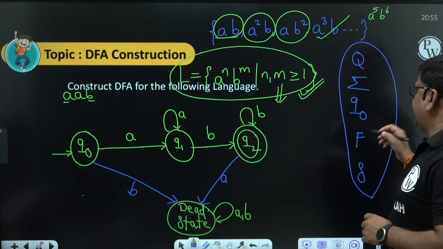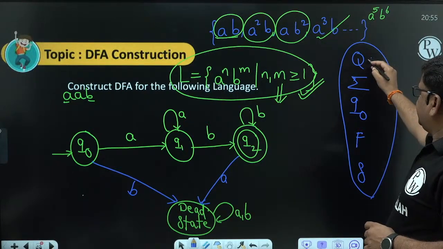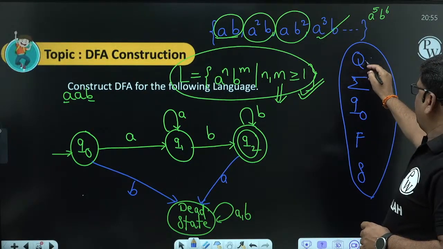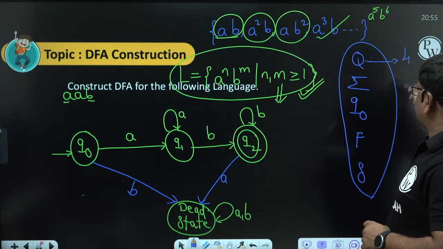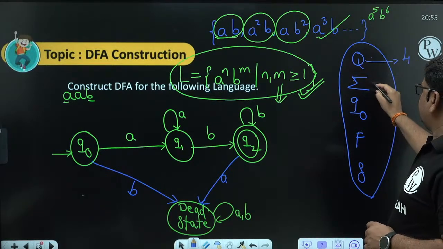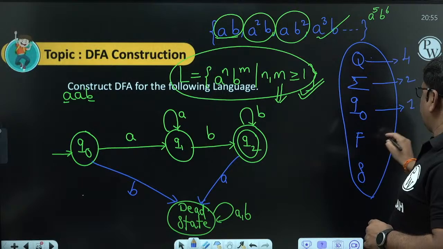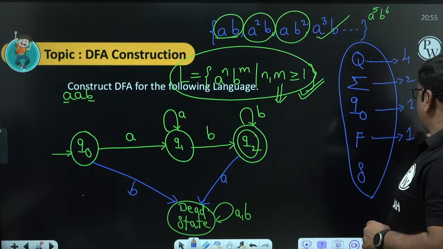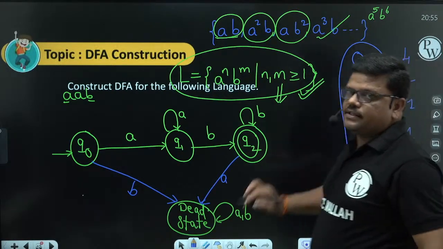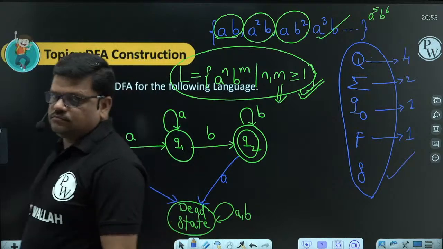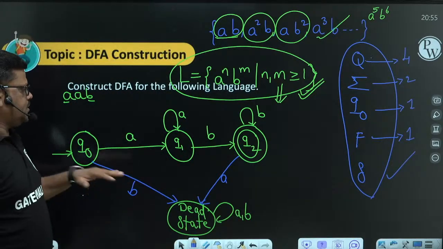Now see our 5-tuple. Number of states 4. Input symbols 2. Initial state 1. Final state 1. Transitions clearly there. So this is the way of construction.